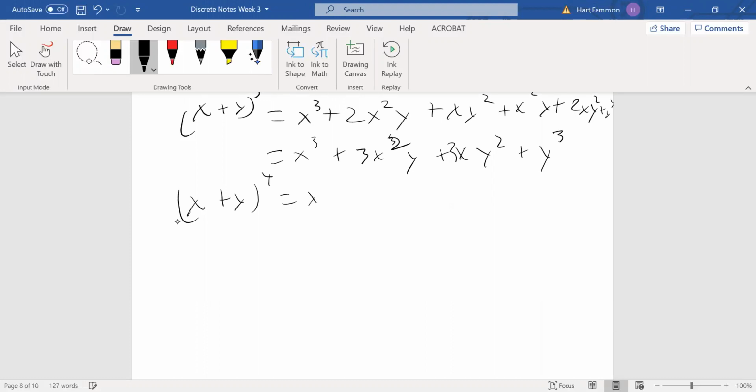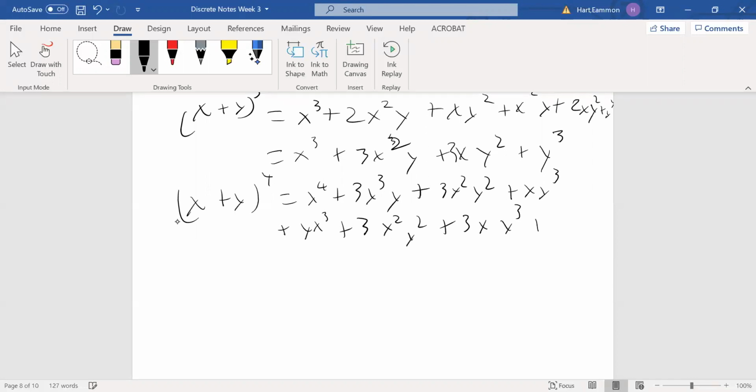That's going to be x to the fourth plus 3x cubed y plus 3x squared y squared plus xy cubed plus yx cubed plus 3x squared y squared plus 3xy cubed plus y to the fourth.